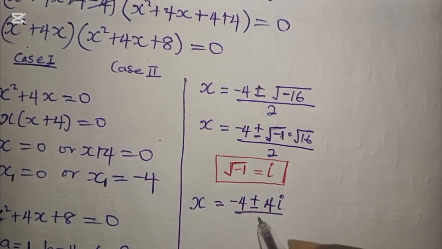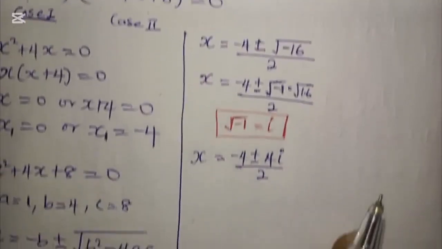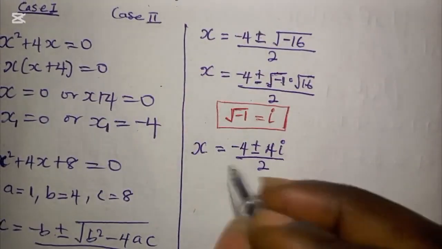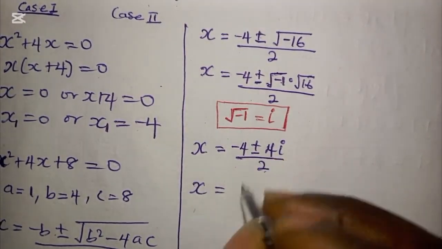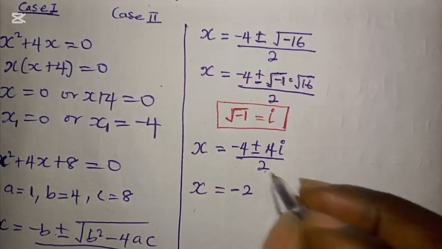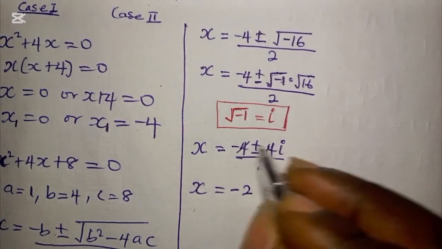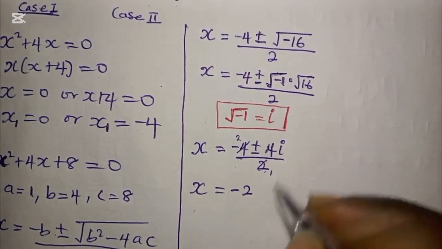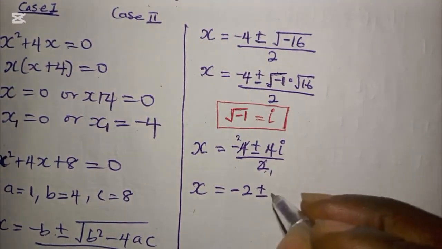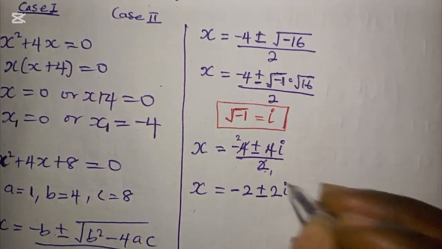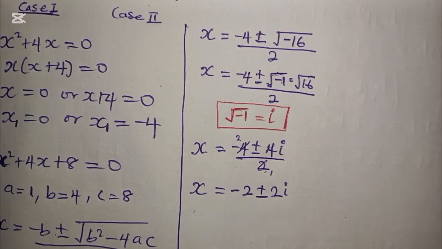From here you can easily see x is equal to, if you divide this, minus 2, plus or minus, if you divide this, you also have 2i.